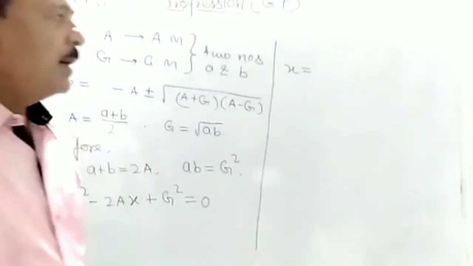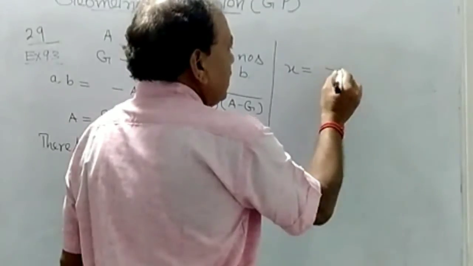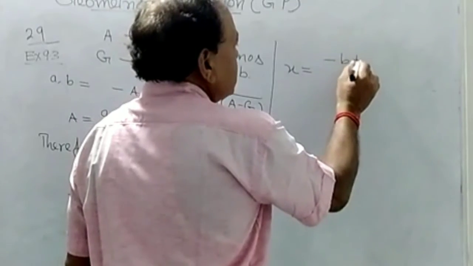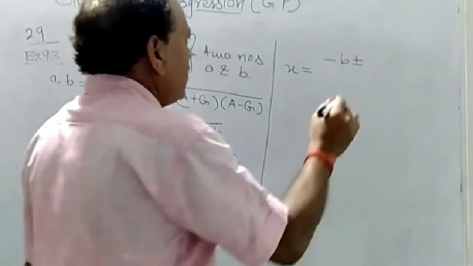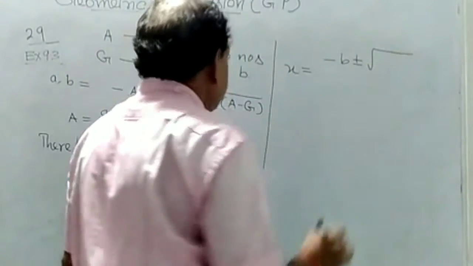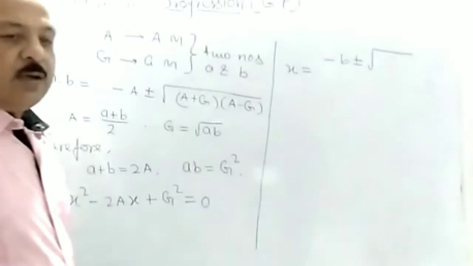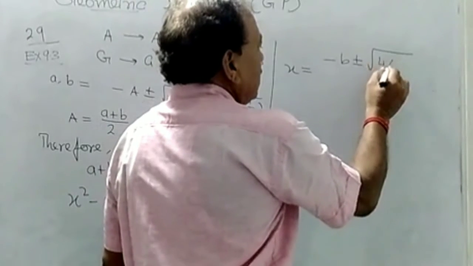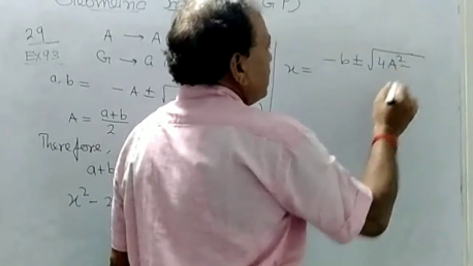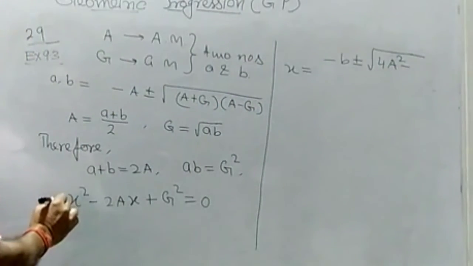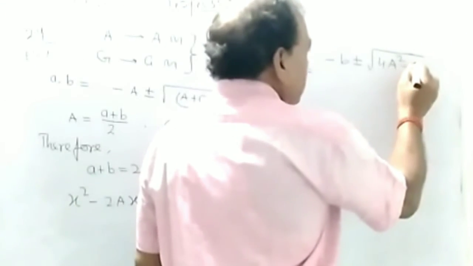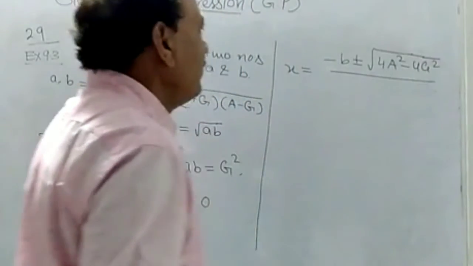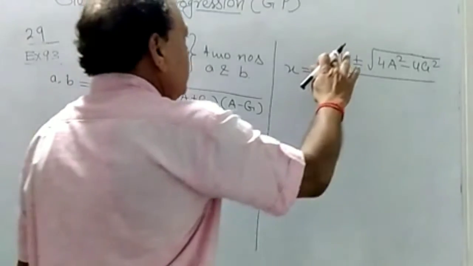x equals minus b plus or minus under root b square minus 4ac upon 2a. Here b is minus 2A, so b square is 4A square, a is 1 and c is G square, that is 4G square.